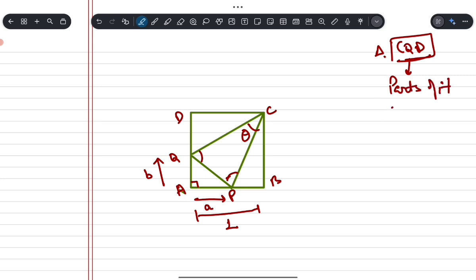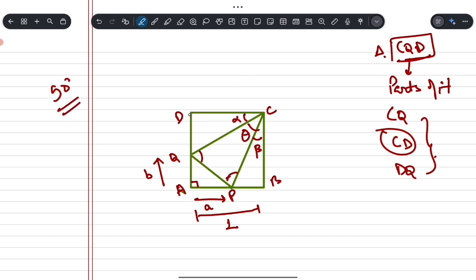What are the parts of it? We have side CQ, side CD, and DQ. Look at the diagram in parts. Let's say this angle is alpha, this angle is beta. We're rotating this triangle. So first of all, let's look at CD, this side. Let's say we have to rotate it by 90 degrees. So we'll rotate CD by 90 degrees. So I'll make a perpendicular. That will be the new position of CD. Let's call this D1. D got there, right?